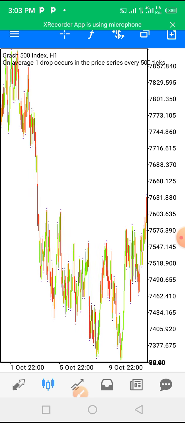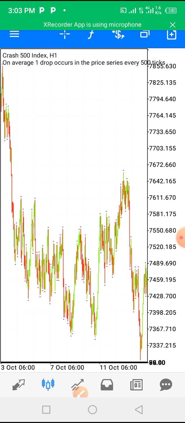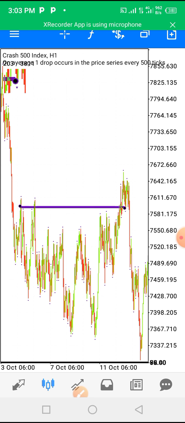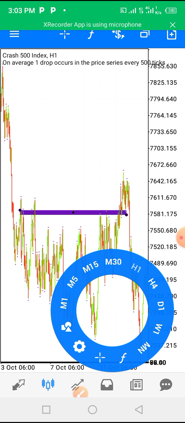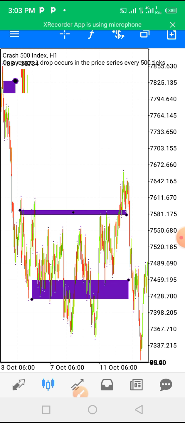And we also have a ranging market. Remember I told you there are three types of trend. Like here, there is an element of ranging within this middle. It's ranging because the market is not actually up here and it's not actually down. It's just scattering in one place.